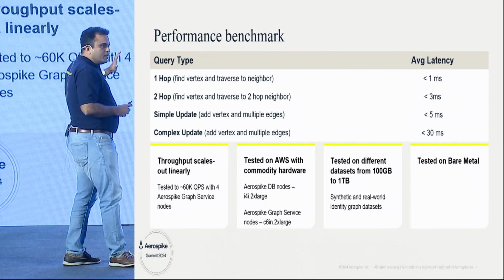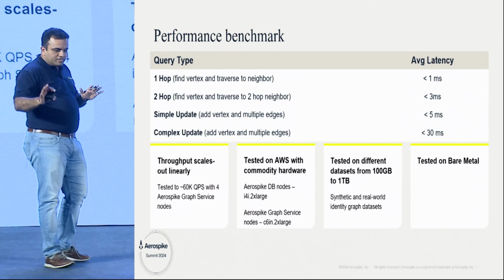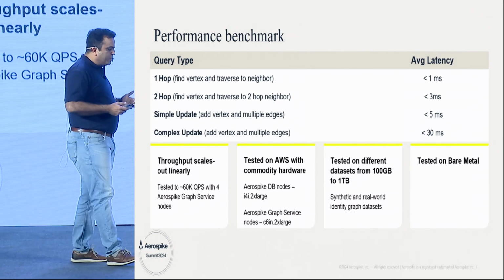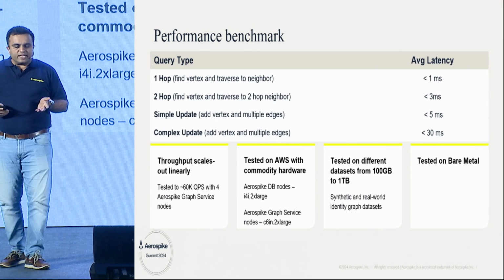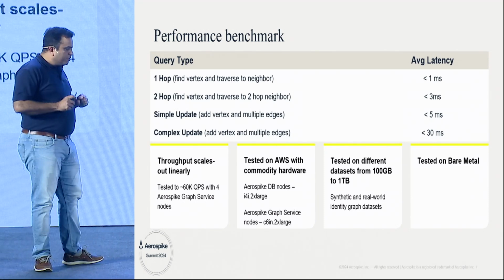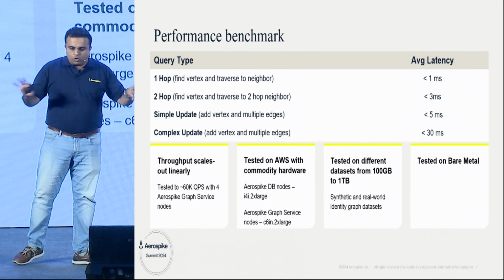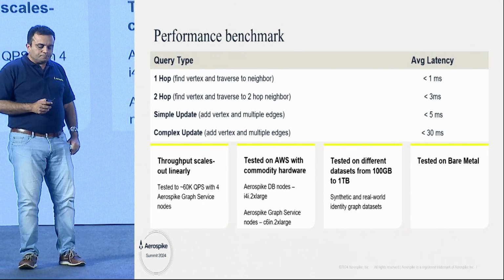And the updates are a little more complex, right? Because we're going to update at multiple places in the graph, but we are still very efficient out there. If you try to do a simple update to a vertex and the ecosystem surrounding that, it is under 5 milliseconds. So these are some of the benchmarks. We have run this on the cloud and bare metal, so we have tested both sides of the infra spectrum available out there.